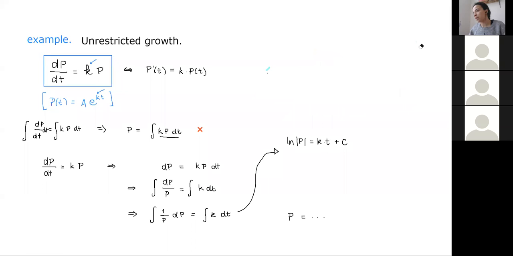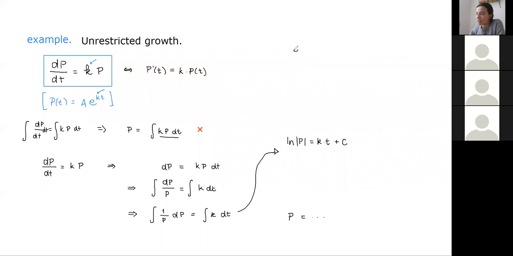Not really. What I'm looking for is to figure out what function will get rid of this ln on the left-hand side. Does anybody know what the inverse of the logarithm is? E, right?